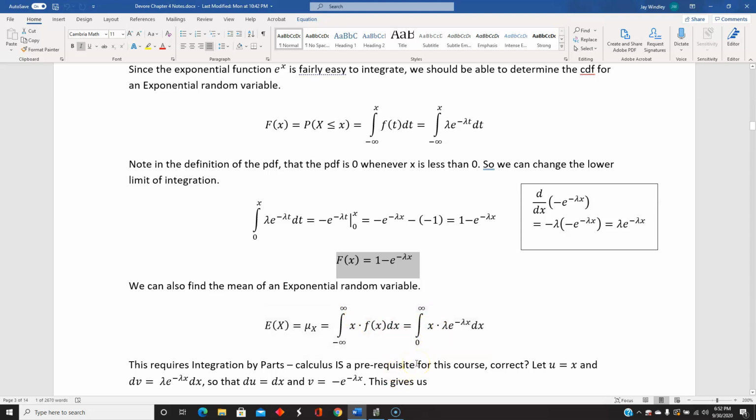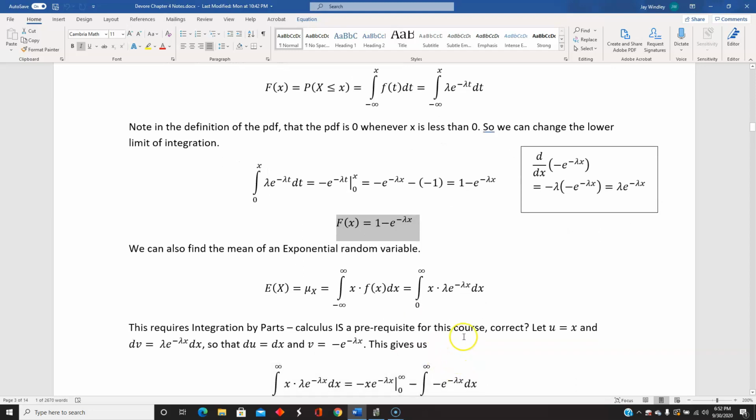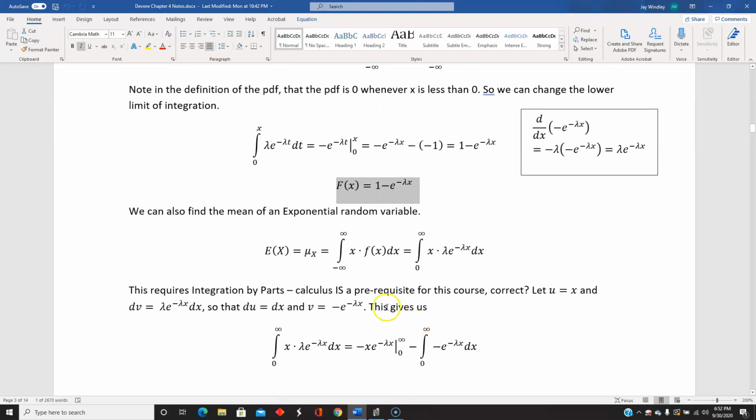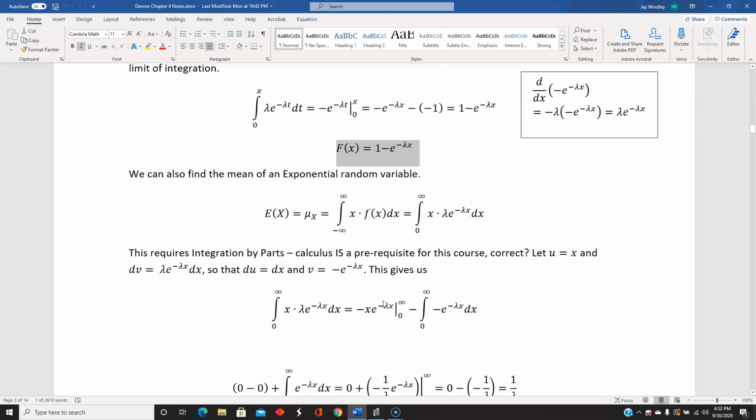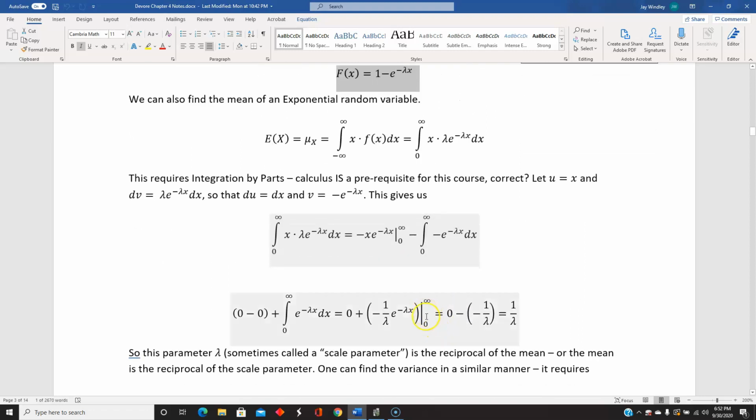And this is going to involve integration by parts. And I won't bore you with the calculus details of the u dv and the v du and all that stuff. But anyways, if you integrate this using integration by parts, you get the antiderivative of that and evaluate it from 0 to infinity. That all just comes out to be 1 over lambda.